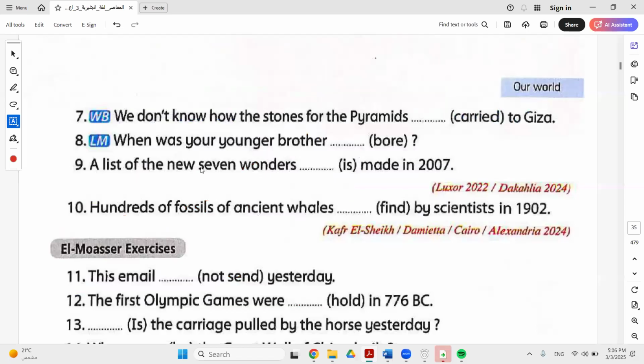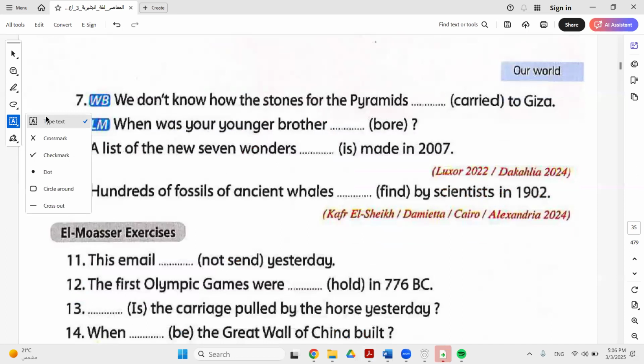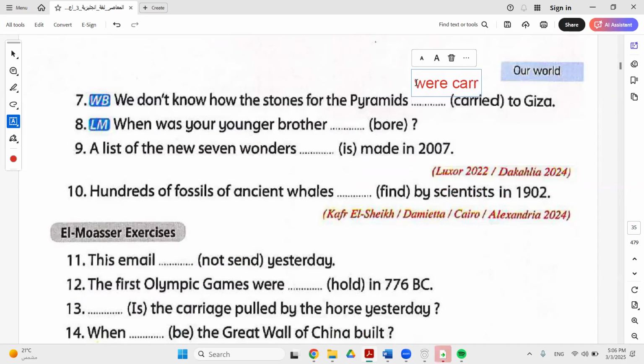Rimas. We don't know how the stones for the pyramids were carried to Giza. Perfect. Number 8, Sama. When was your younger brother born? Born. The verb bear, to give birth, always comes in the passive form.